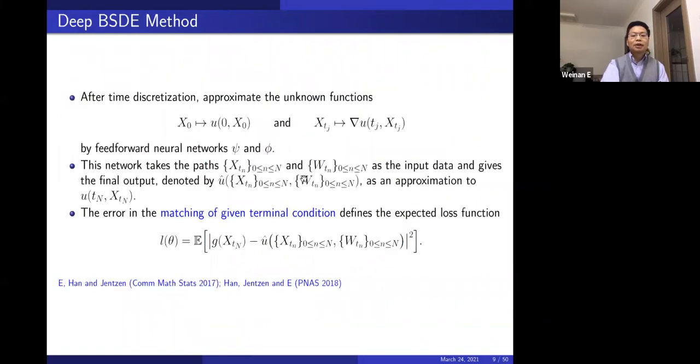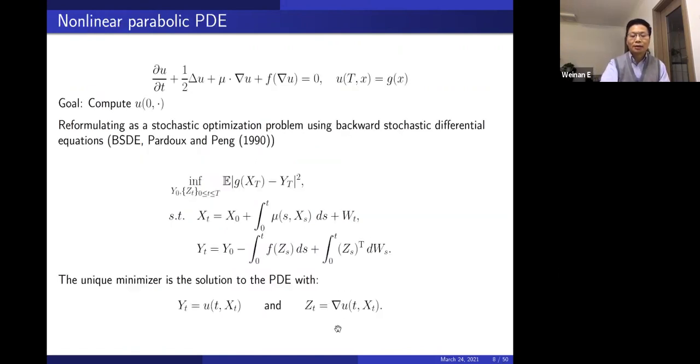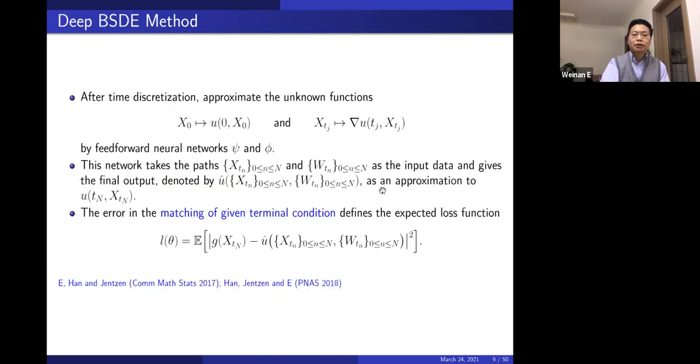First, we're discretizing time, and then we parameterize this initial value, and also the process z, which acts like the control here, using neural networks, and then we just choose the optimal parameters in this neural networks to minimize the mismatch between the value constructed using the process and the terminal value that's given. So this algorithm is called deep BSDE method.